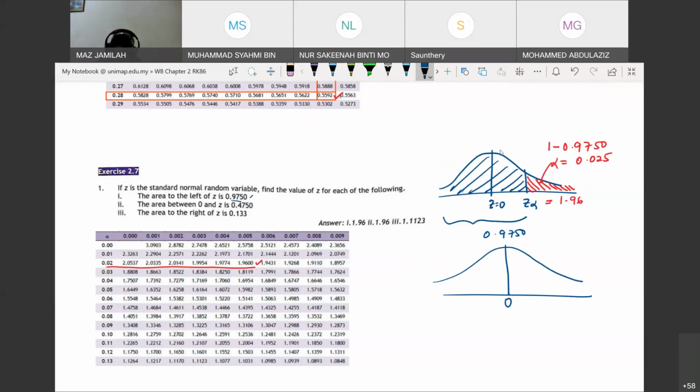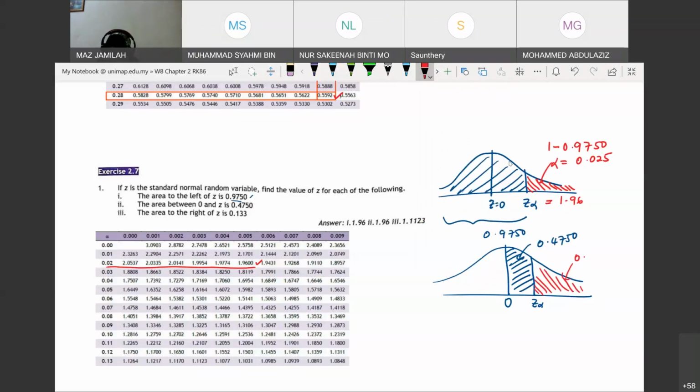Second, from 0 to Z, let's say this is your Z alpha, the area is 0.4750. Knowing that we use the tail, this would be too small. It should be somewhere in the tail.